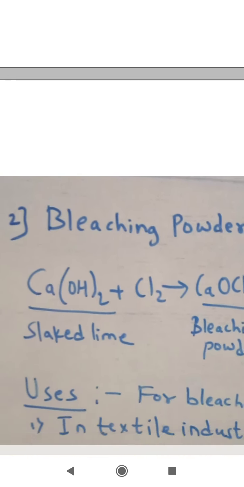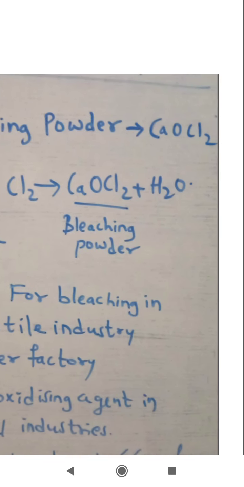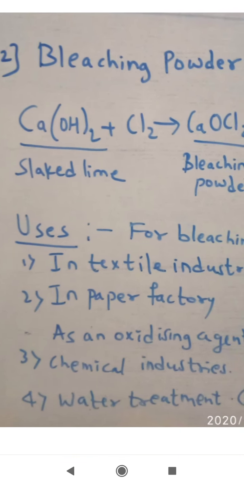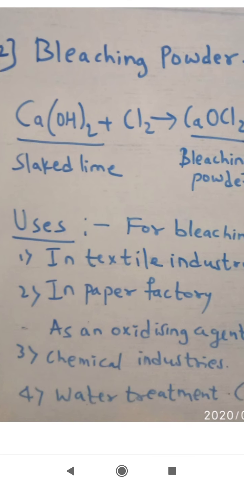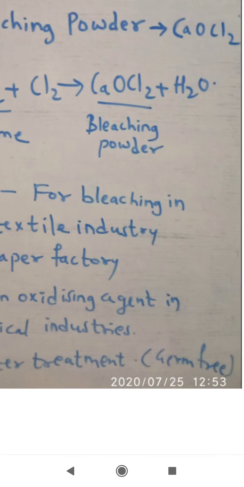The next substance that can be prepared from salt is bleaching powder, and its chemical formula is CaOCl2. How it can be prepared is, slaked lime is taken, which is nothing but Ca(OH)2. It is combined with chlorine gas so as to form bleaching powder, along with water.